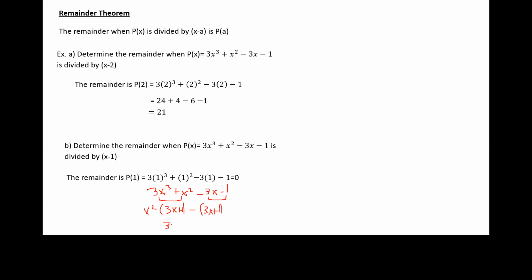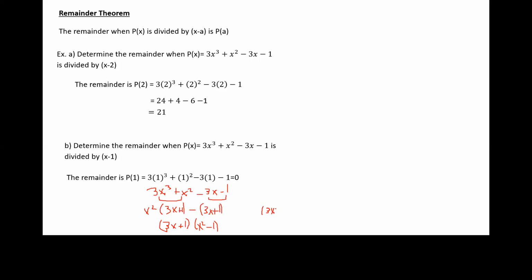We can put that out front, multiplied by x squared minus, what do you multiply 3x plus 1 by to get 3x plus 1? You multiply by 1. Now we have 2 terms, minus sign in between them. Both terms are squares. So we can factor that as the difference of squares.